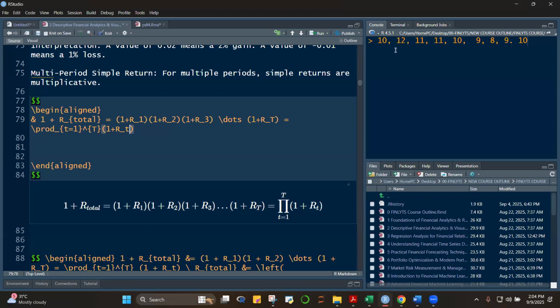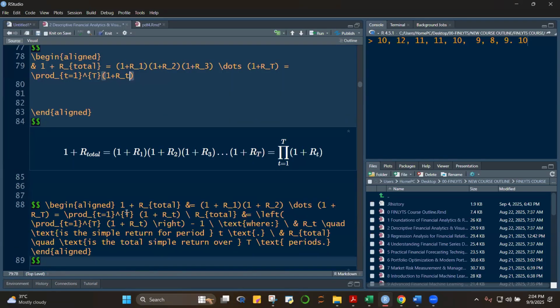R1 is what? It's 12 divided by 10 minus 1. Our returns from earlier. So you have individual returns. And then what you do is add 1 to that, and then multiply it with the returns for the other periods. So the formula is this one, 1 plus r sub 1 until 1 plus r sub t.